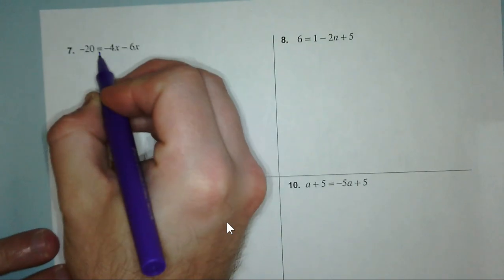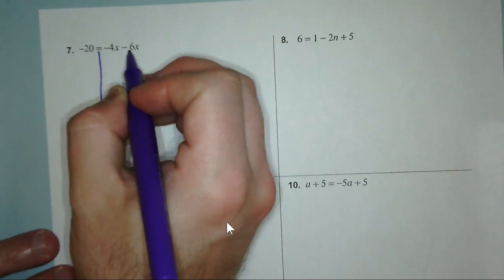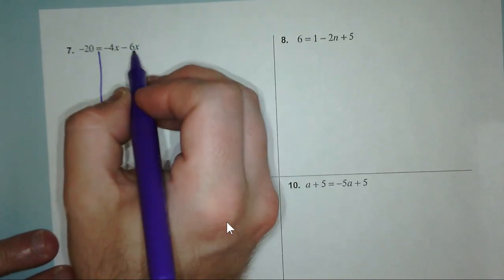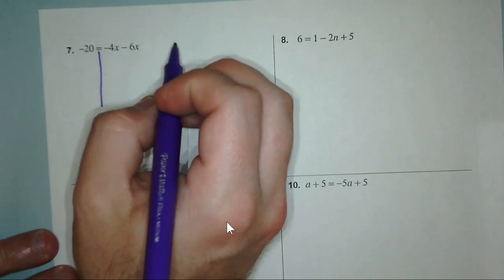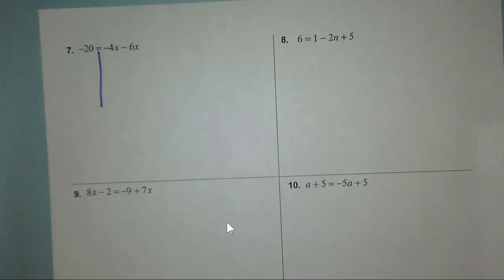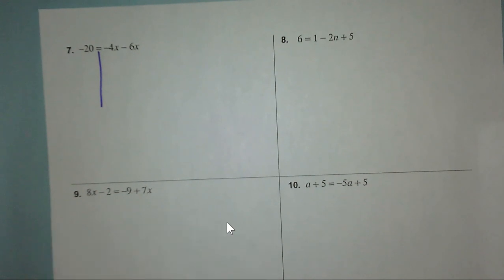You see how we have a couple of x's over here? They're already on the same side. So this is one of the first things you do. If you see terms that are like terms that are already on the same side as each other, you can just combine them.